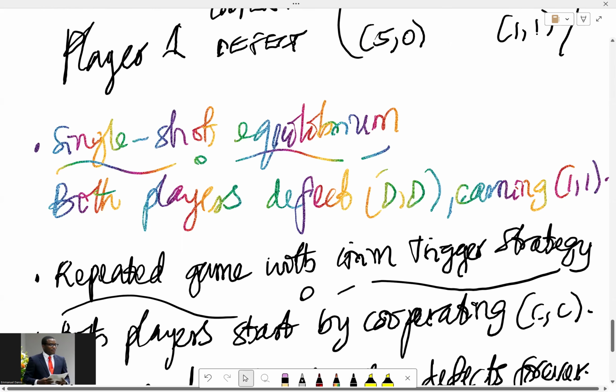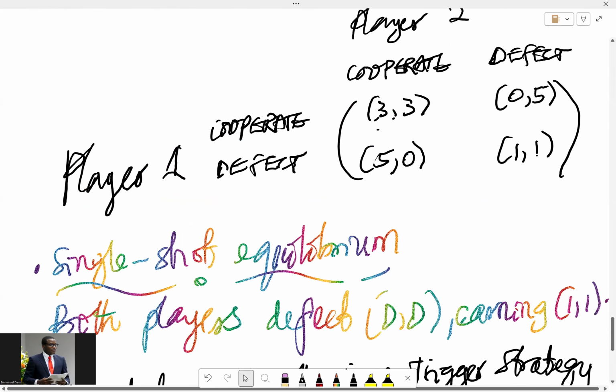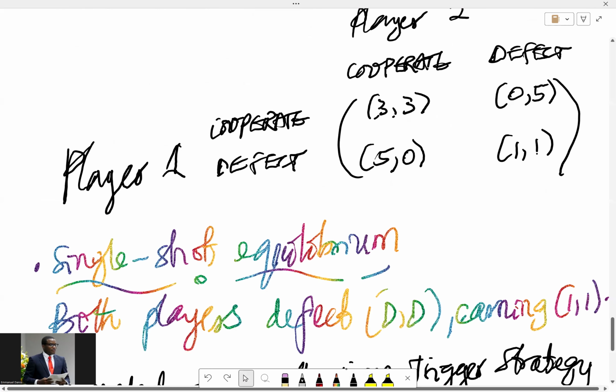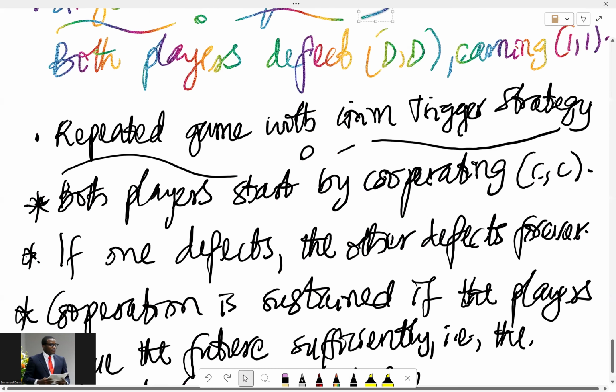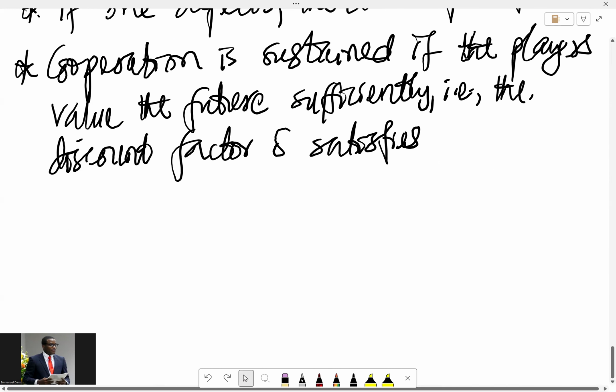So this is cooperate, this is defect. For a sufficiently high discount factor, this has to be satisfied where both of them cooperate.